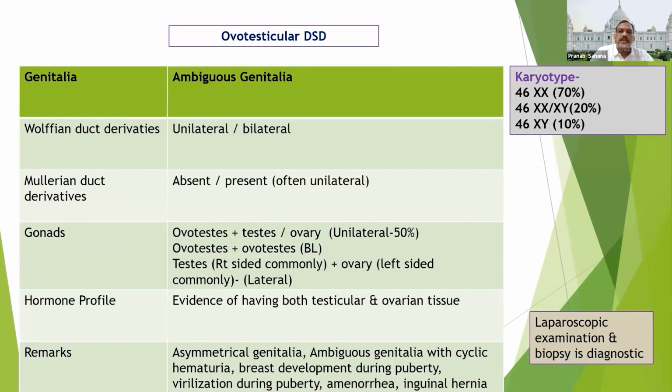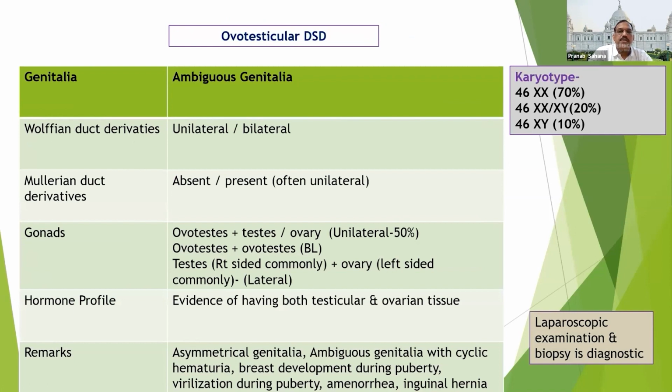Ovotesticular DSD is another form of XY DSD, or it can also be sex chromosomal DSD. The most common karyotype is 46XX at 70%, 46XX/XY at 20%, and 46XY at 10%. It can be lateral, unilateral, or bilateral.